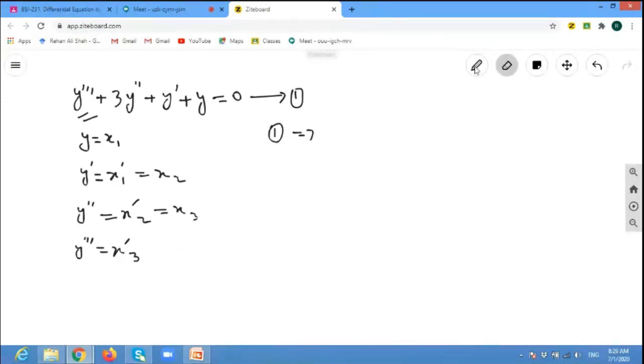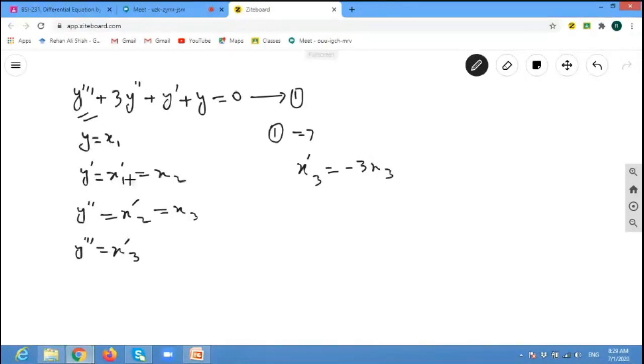I will explain ahead. So what is y triple dash? This is x3 dash. So x3 dash is equal to minus 3 y double dash. Minus 3 y double dash is actually minus 3 x3.